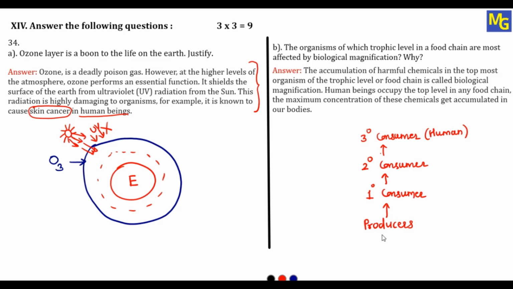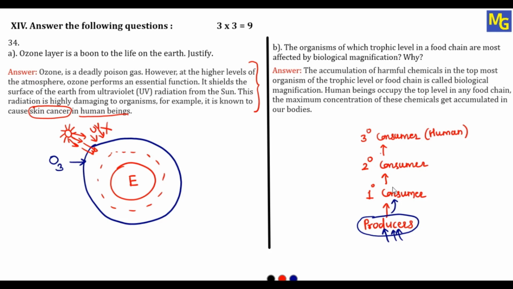So producers will prepare the food. While preparing the food, these producers will absorb more amounts of harmful substances like pesticides or insecticides. These pesticides or insecticides will pass into the primary consumer.